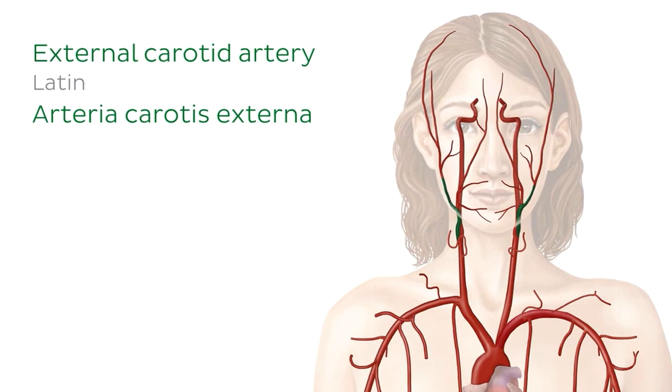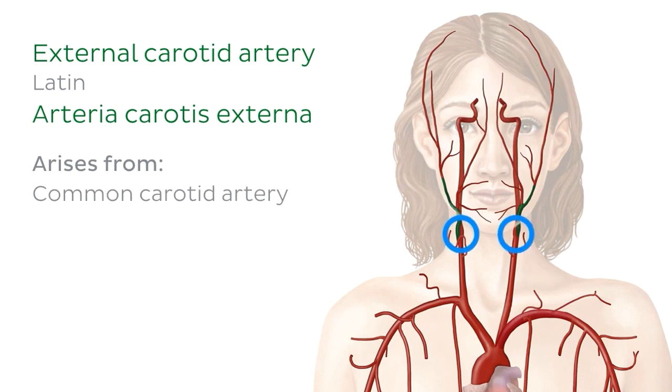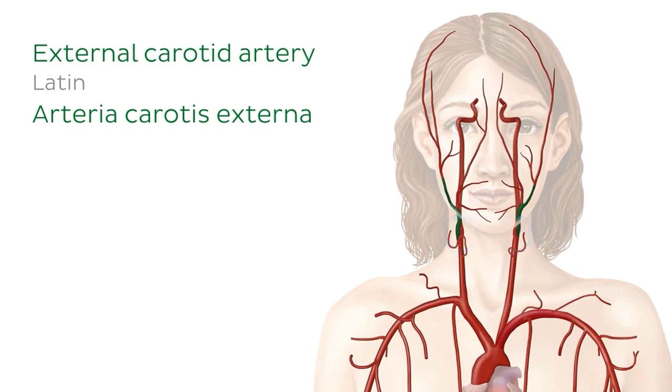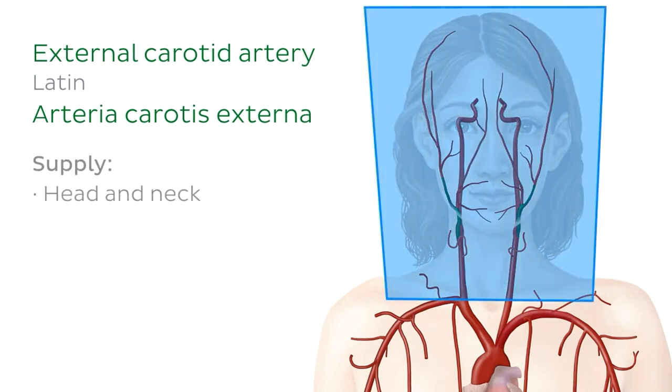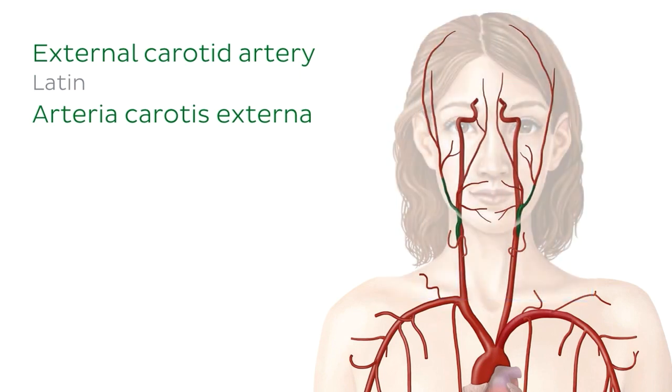The external carotid artery, which is one of the two arteries that arises from the bifurcation of the common carotid artery, as we just mentioned, at approximately the level of C4, gives off several branches which supply the head and neck. The branches of the external carotid artery are divided into anterior branches, posterior branches, and terminal branches. Let's go through some of these.